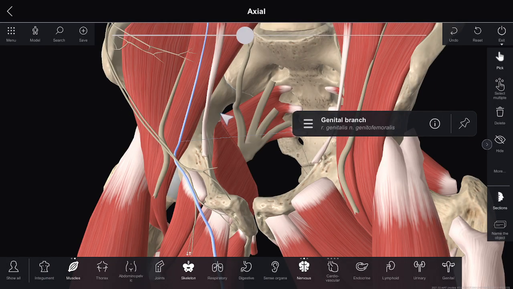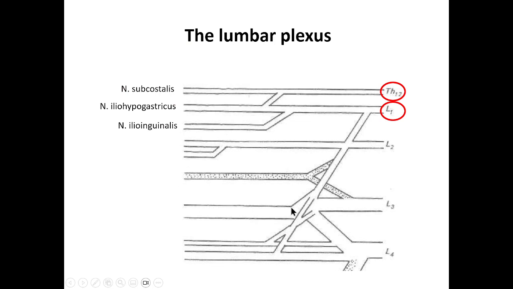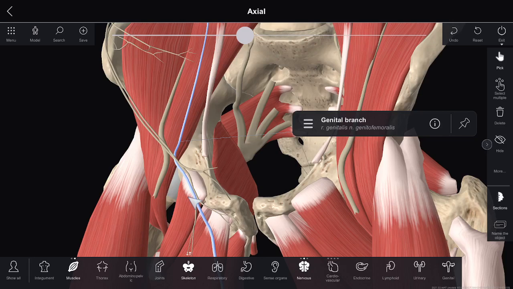What is the next nerve from the upper? Nervus cutaneus femoris lateralis. Let's return to our scheme. Subcostalis, iliohypogastricus, ilioinguinalis, genitofemoralis, and then nervus cutaneus femoris lateralis. Let's find them.